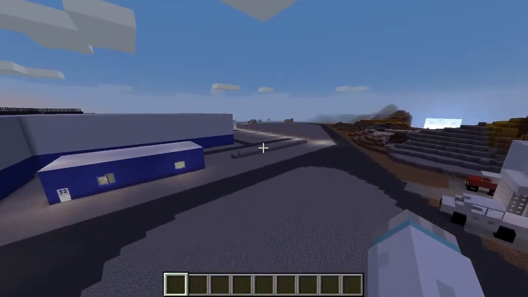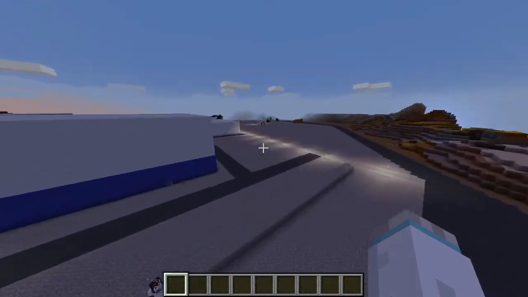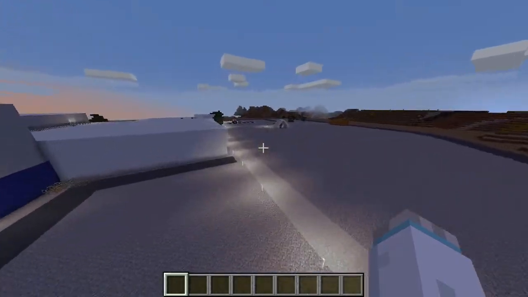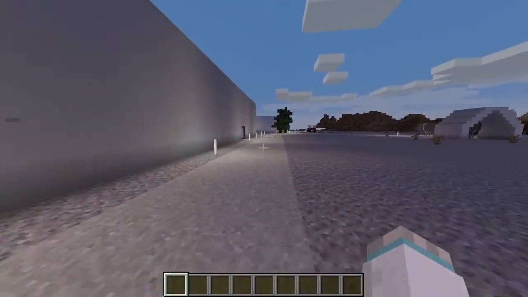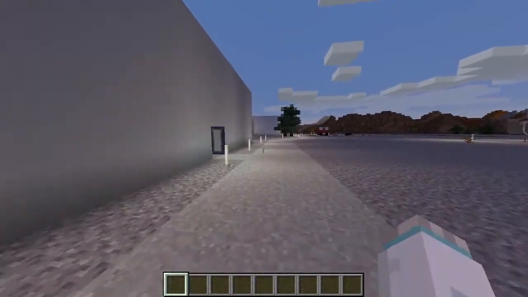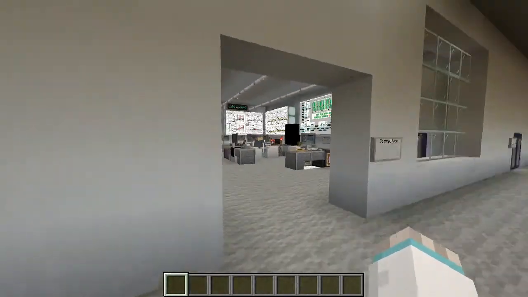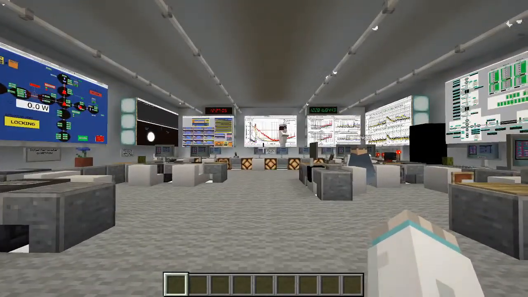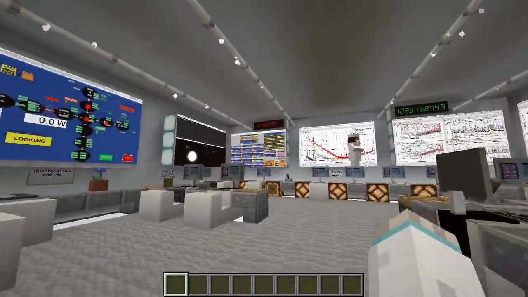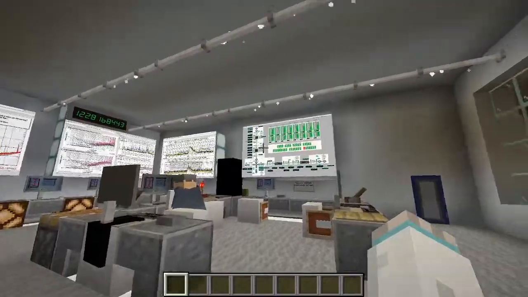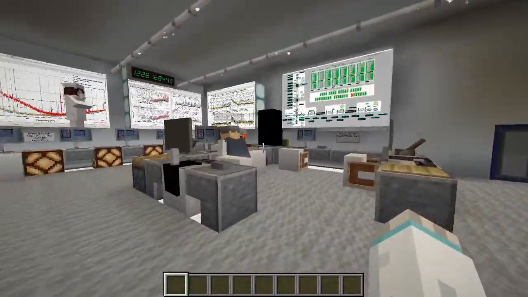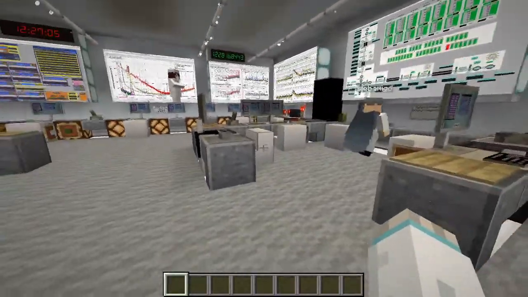So now we'll fly back in and have a look at the control room. Here in the control room is the beating heart, effectively, where all the monitoring of the instrument is done. This area over here is what we call the operator area.